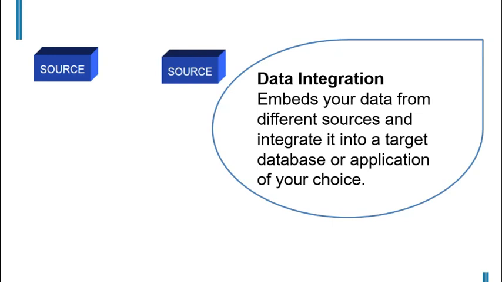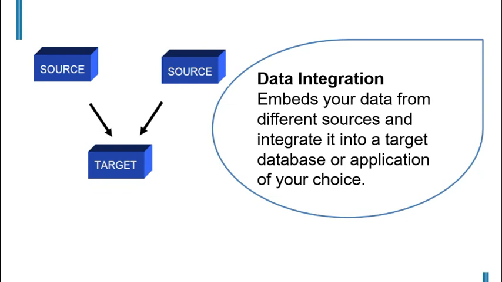So you have a source, another source, and you want to build a target which is integrating different types of data. You might build, for example, 5 criteria where all data from source 1 and source 2 could get together, or you can have partial data from source 1 and partial data from source 2 to complement each other.